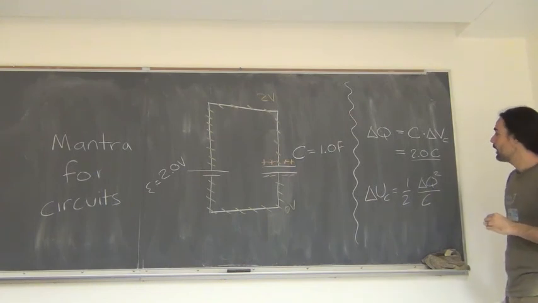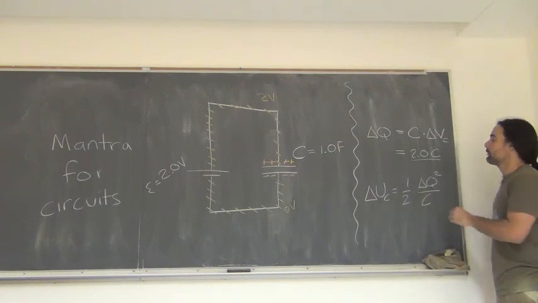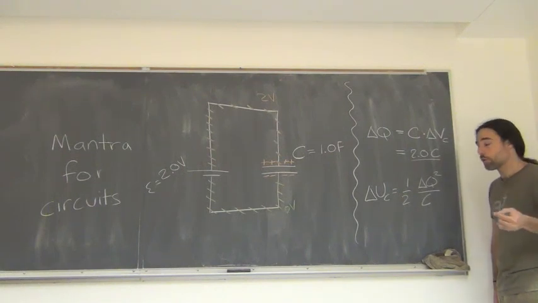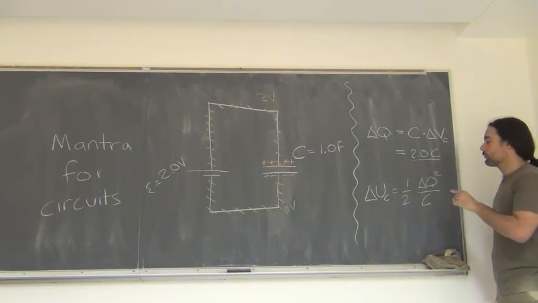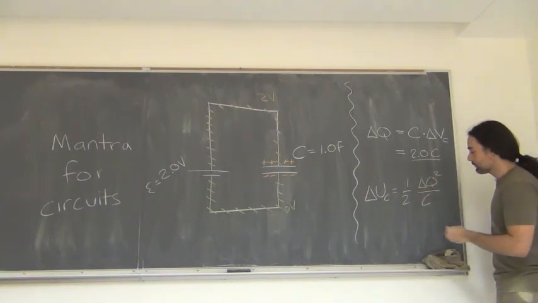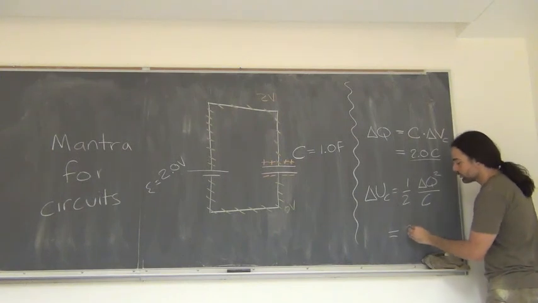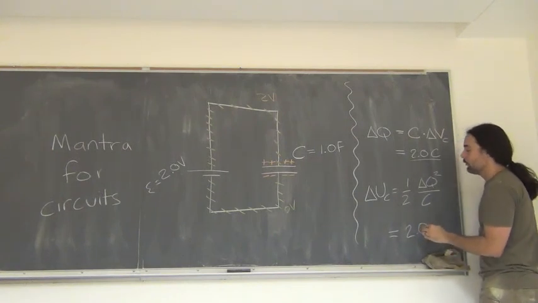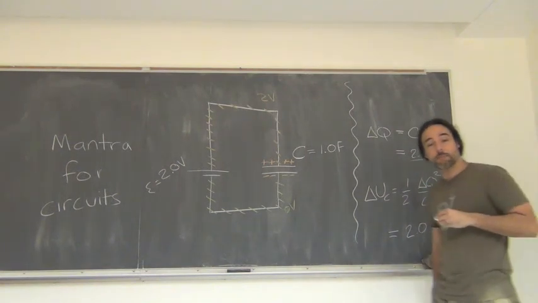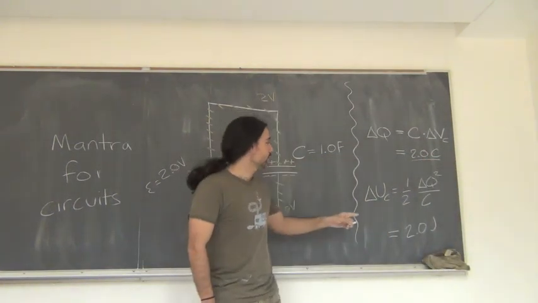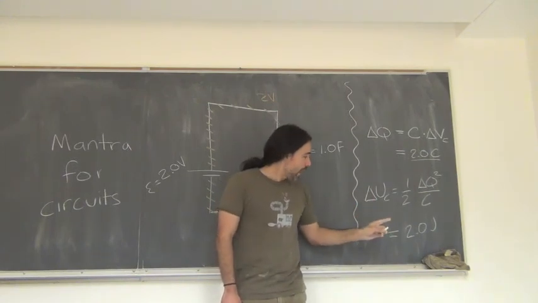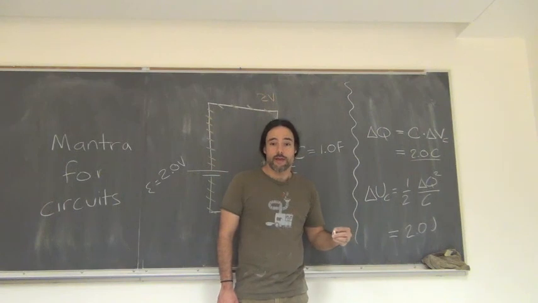So if I plug numbers in here, the charge squared is going to be 2 coulombs squared, so 4 coulombs squared, divided by the capacitance, which is 1 farad, divided by 2 should give me 2.0 joules of energy stored within that capacitor. So it's just 2 squared divided by 2 divided by 1. So I get 2 joules of energy stored in that capacitor.